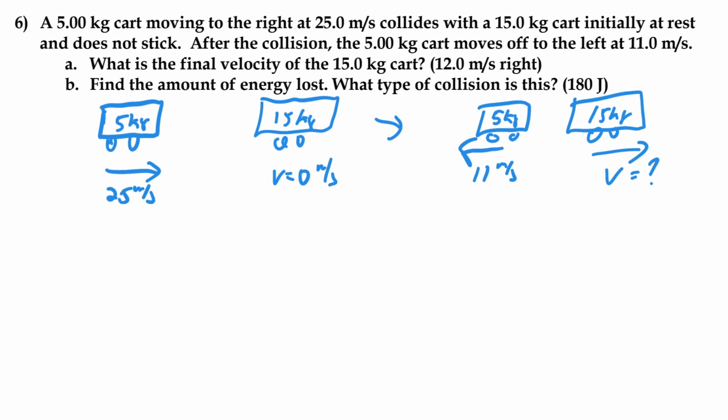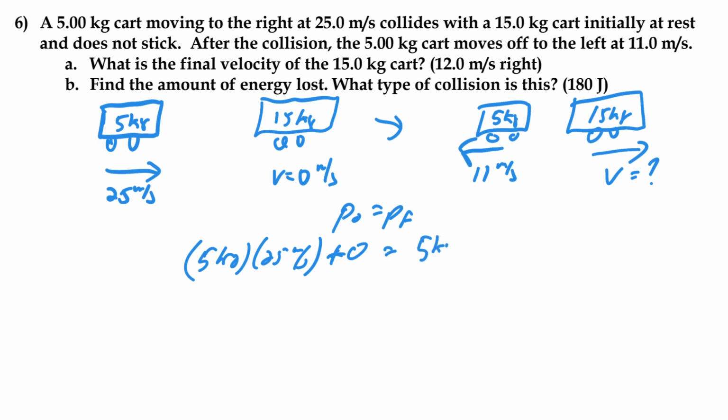So as usual, we'll just use our P initial equals P final. So the first one, we have 5 kilograms times 25 meters per second plus 0, since that cart has no momentum. Then afterwards, this cart has 5 kilograms, and it now has a negative momentum. So even though the problem doesn't say so, it does actually say so, because it says it's moving to the left.